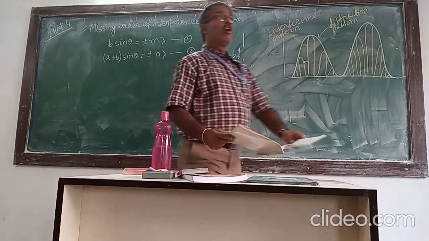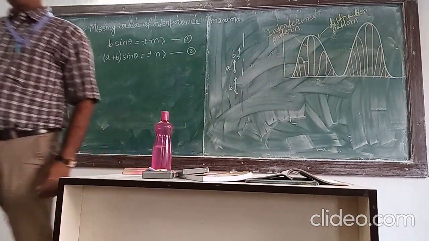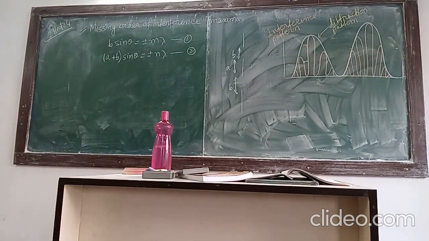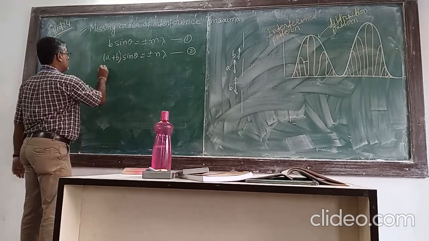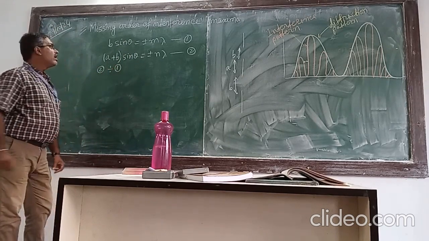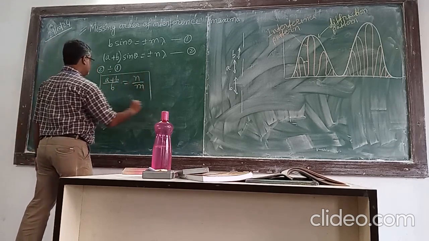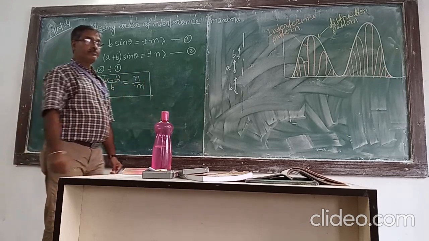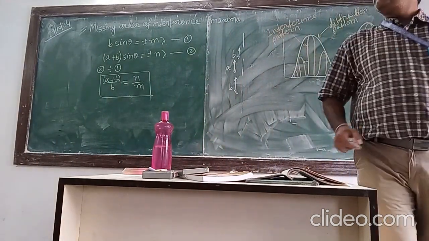So for a particular value of theta, from equation 1 and 2 we get, if we divide equation 2 by equation 1, A plus B by B equals N by M. Equation number 3.